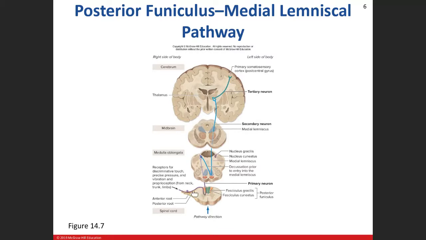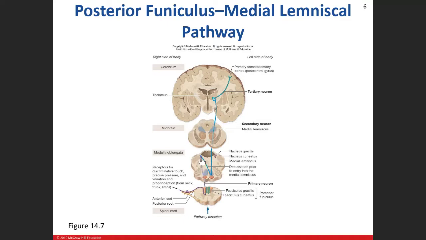So that primary neuron is going to enter in, go to the posterior funiculus, and travel up to the brainstem, into, depending on which one we're dealing with, either the nucleus gracilis or the nucleus cuneatus. This example here is using the fasciculus cuneatus.